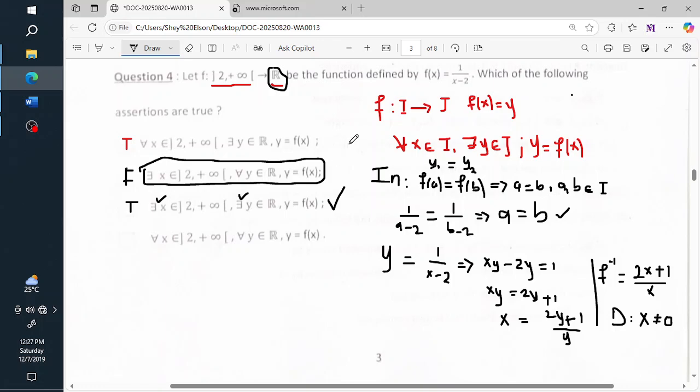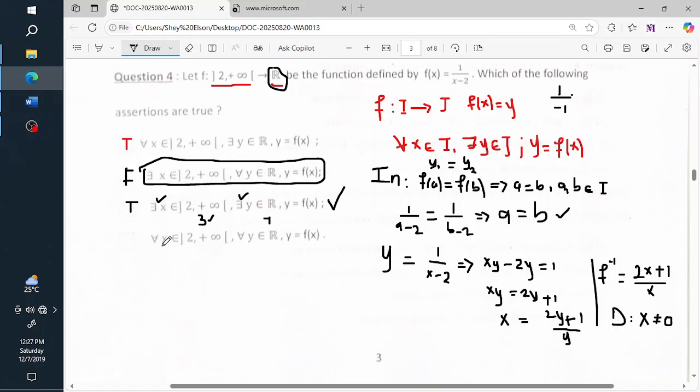For example, let's take x to be equal to 3. f of 3 is going to give you 1 divided by 1, which is 1. Okay, is that in the set of real numbers? Yes. So you clearly see that because of the word there exists, we are certain that yes, it is true.